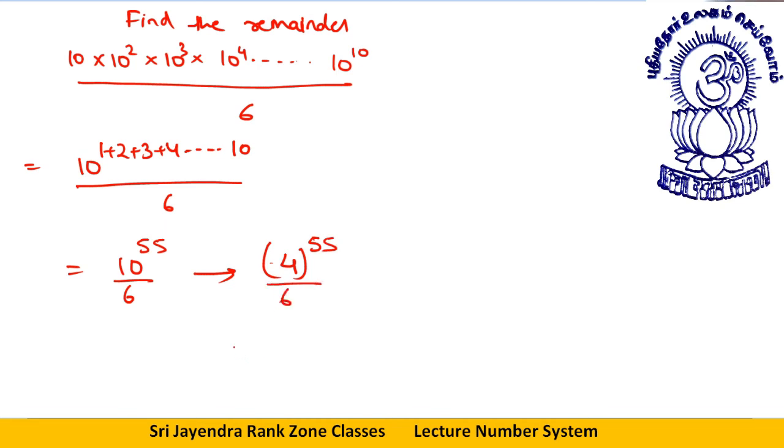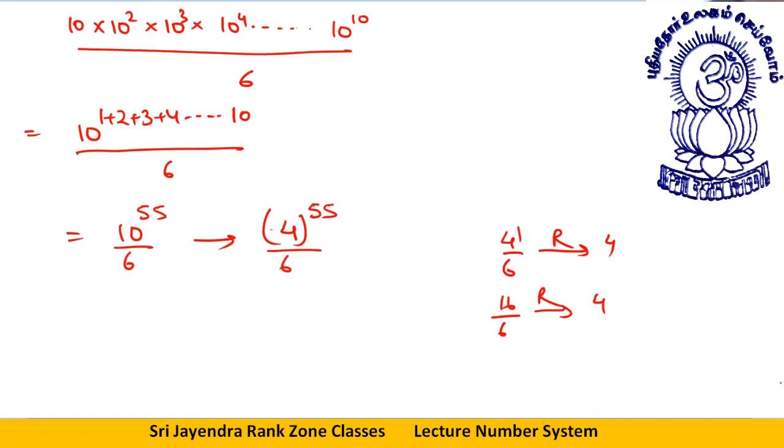Now the best part, dear student, is that 4 raised to any power, when divided by 6, will give you a remainder of 4. Just check. 4 raised to power 1 divided by 6, remainder is 4. 4 square is 16, 16 divided by 6, the remainder is again 4. Then 4 raised to power 3 is 64 divided by 6, the remainder is again 4.